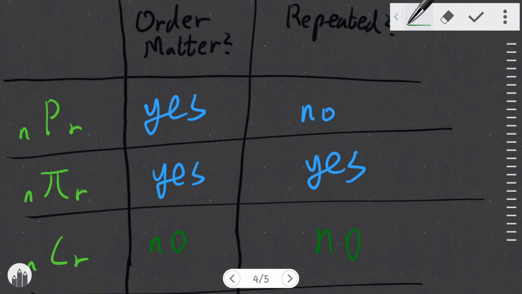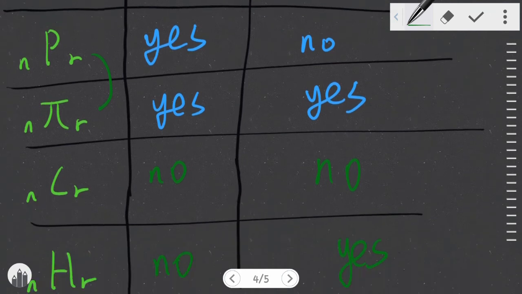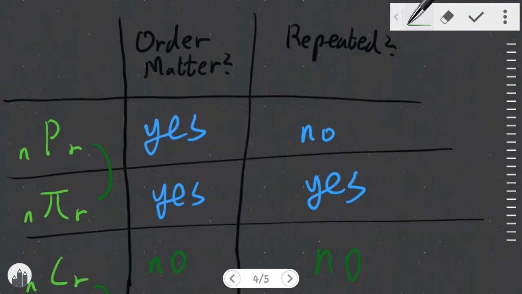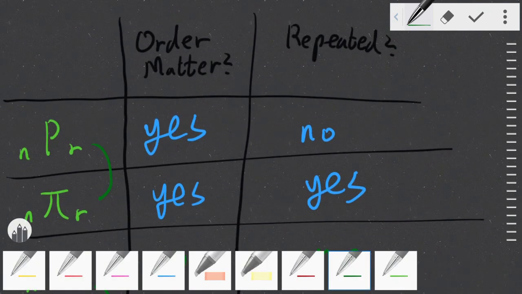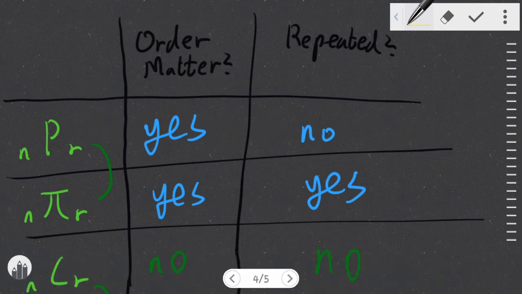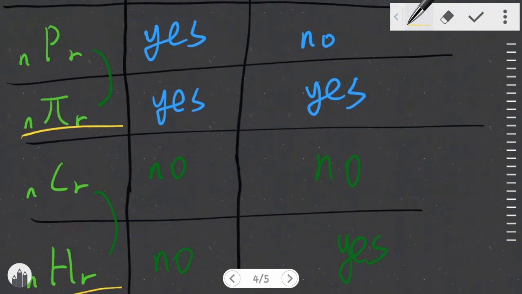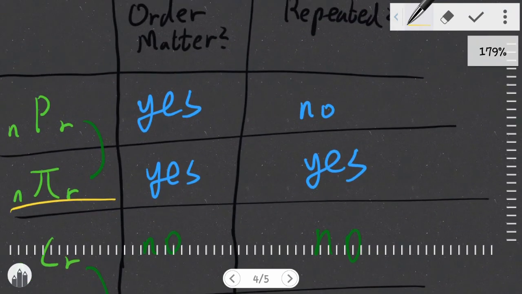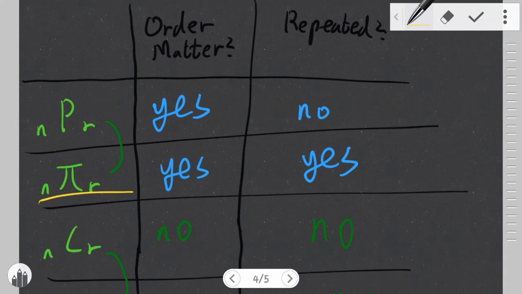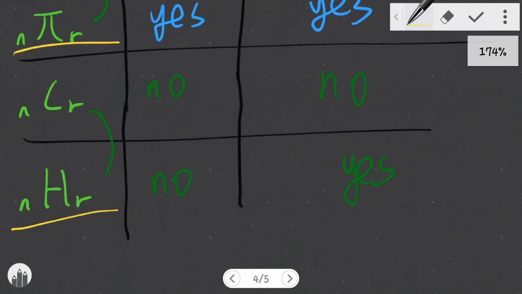If yes, then choose between the permutations. If no, choose between the combinations. If the set of values you are trying to get can be repeated, then choose nΠr or nHr depending on the situation. If not, then use nPr or nCr.